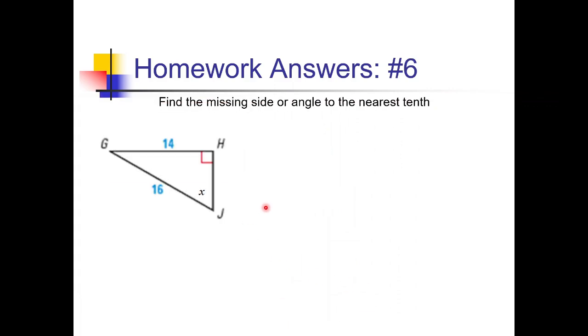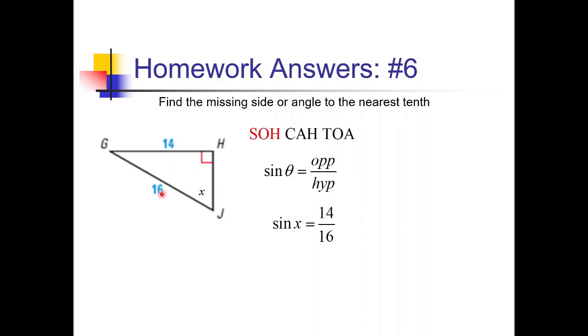For this problem, I'm trying to find the missing angle over here, and I've got the hypotenuse and the opposite side. So opposite hypotenuse, that's SOH from SOHCAHTOA. So sine equals opposite over hypotenuse. So I have the sine of the x that I'm looking for, equals the opposite side 14 over hypotenuse 16.